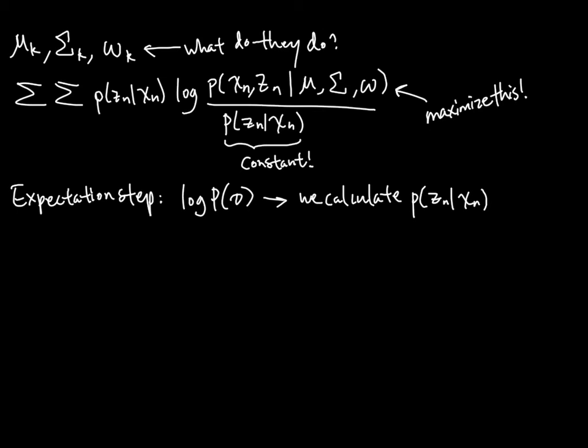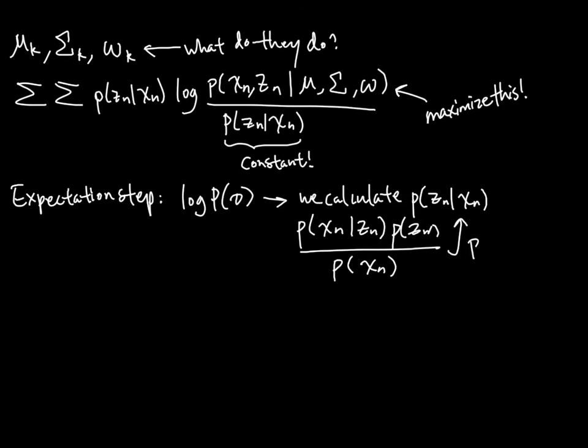We have P of xn given Zn, P of Zn, divided by P of xn. And this is equal to that via Bayes' rule. You can look this up online if you want to, but it's pretty obvious. So this expression is equal to P of Zn given xn.